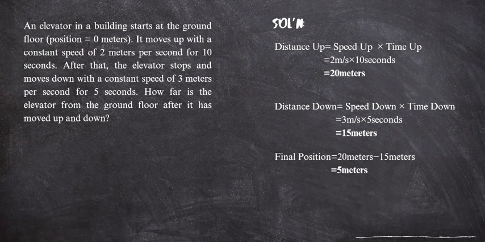Then, it moves 15 meters down, so we subtract 15 meters from the 20 meters. So final position is equal to 20 meters minus 15 meters is equal to 5 meters. So the elevator is 5 meters above the ground floor after both movements.